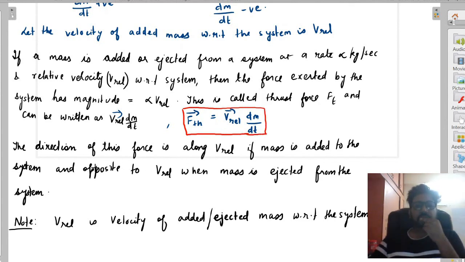Now again note, v relative I've already told you, but again I'll repeat. v relative is the velocity of added or ejected mass with respect to the system. So here also I have written let the velocity of added mass with respect to the system be v relative. Okay.